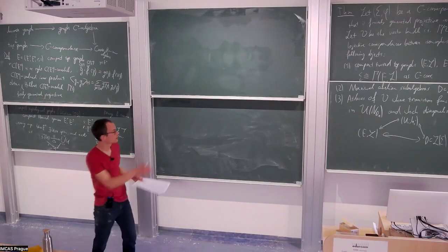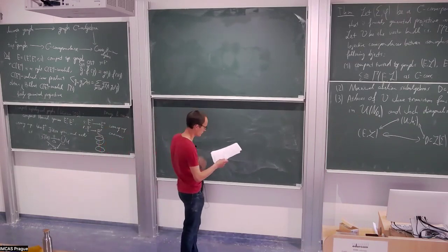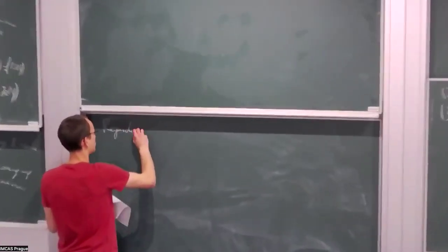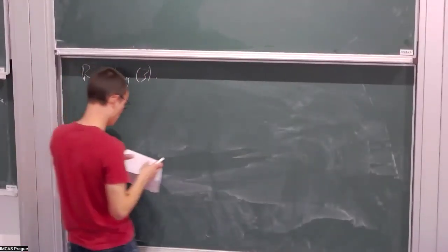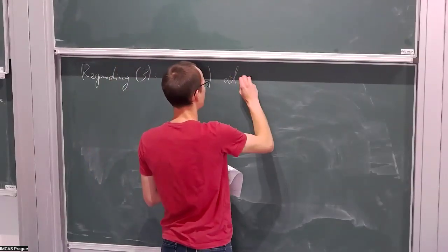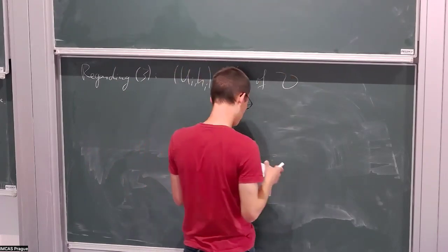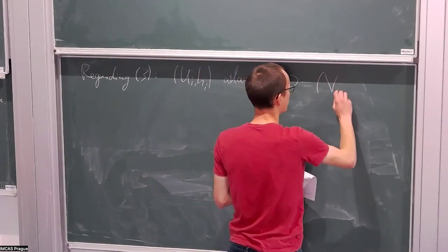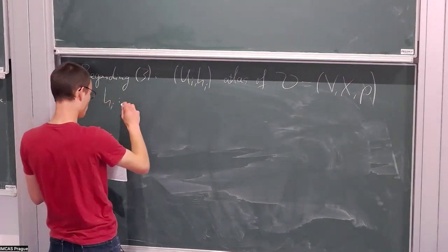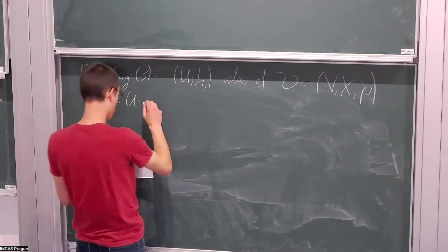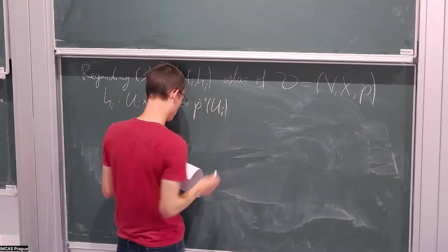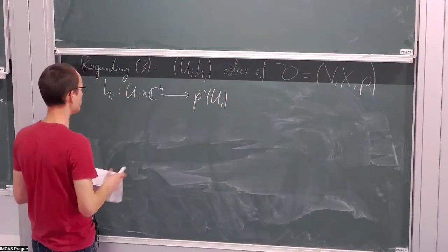Okay, so what do these phrases mean in the third point for these atlases? Okay, so regarding 3. Take an atlas of your vector bundle, which we again write as a triple (E, X, p), and (U_i, h_i) is a chart. Okay, and recall the definition of transition functions.